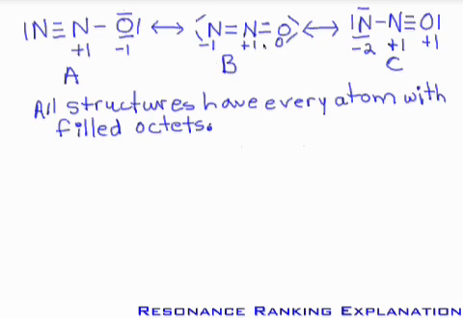But if we look at structure C, it has much greater charge separation. So we can indicate that this rule is violated for structure C, and we can say C is the most minor contributor.